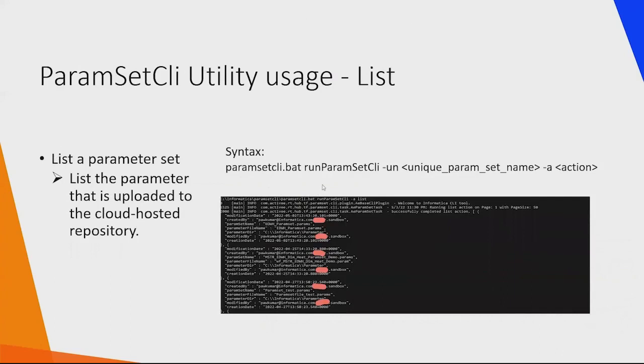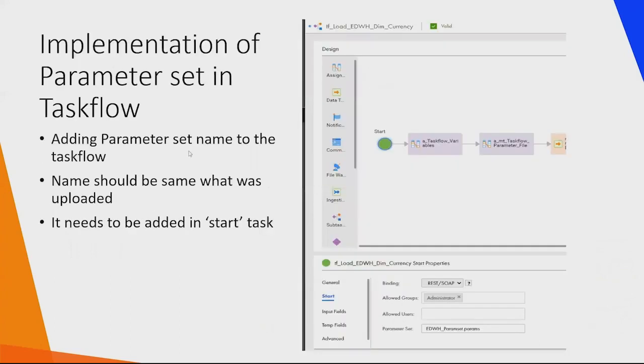Let me go now to how you implement that in the task flow. In the task flow, this parameter set name has to be defined on the start task. If you see here, this is a task flow, and on the start task, if you go to the start tab, you will see a parameter set option.